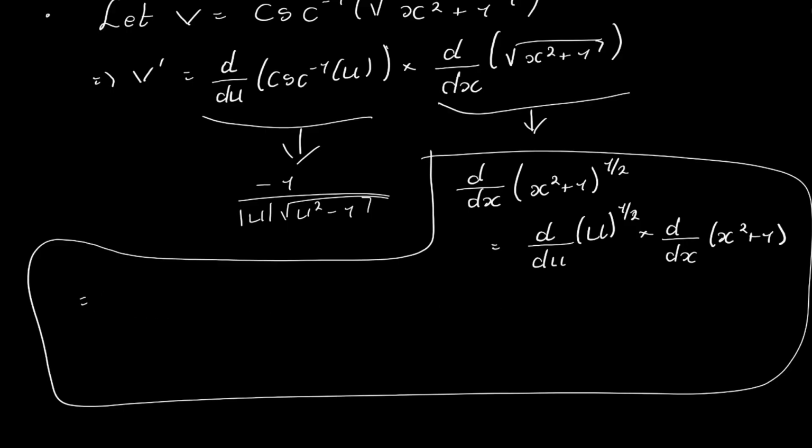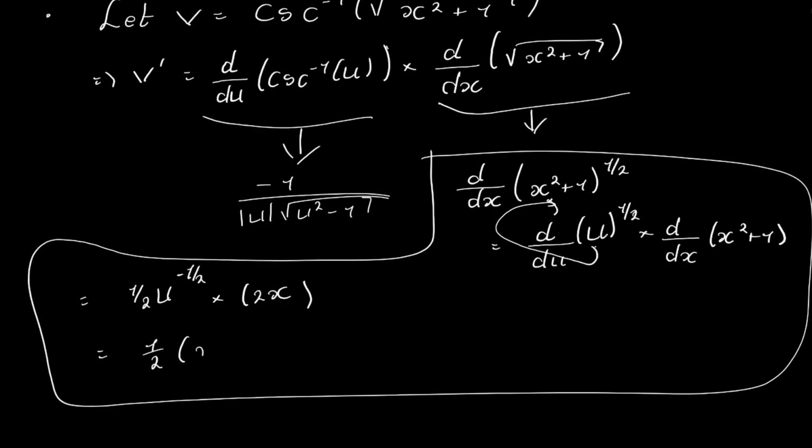This simplifies to half u to the power negative half times the derivative of the inner function, which is 2x. But what is our u in this case? Our u in this case is this function. So this gives us half times x squared plus 1 to the power negative half times 2x, leaving us with x times x squared plus 1 to the power negative half.